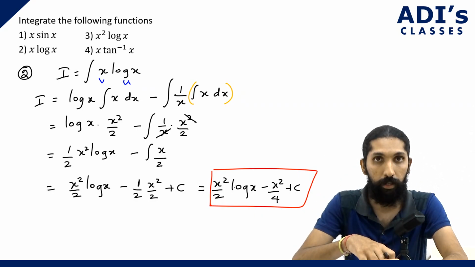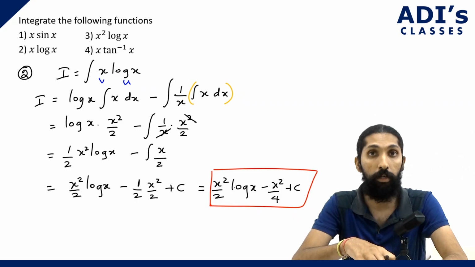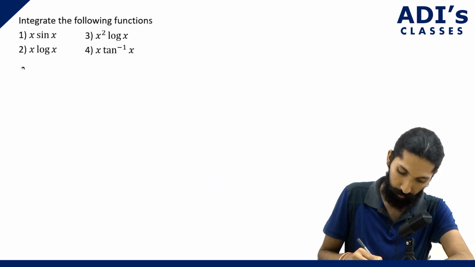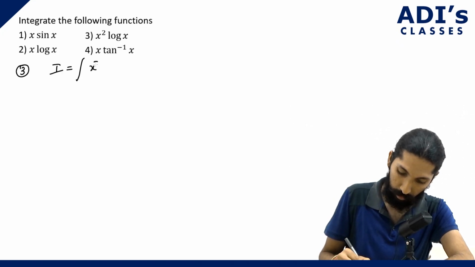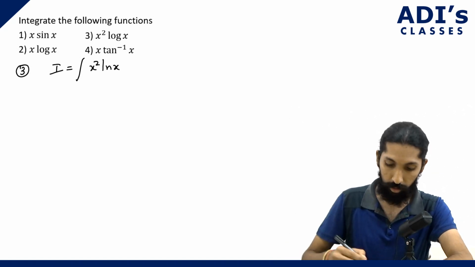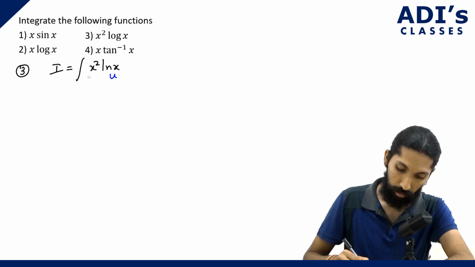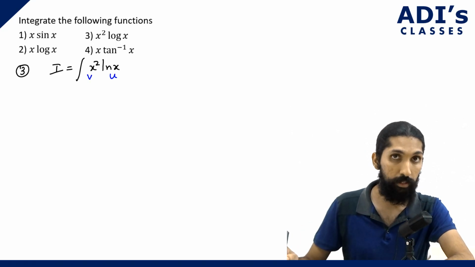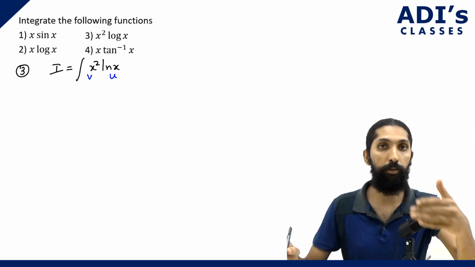Now, similarly, we have the third one. Instead of x log x, here you have x square log x, correct? Let's do the third one. See, in this question, you have I is equal to the integral of x square log x, right? Again, the first function has to be the log function. The second function has to be x square. The reason, you know, precedence is given to the log function.